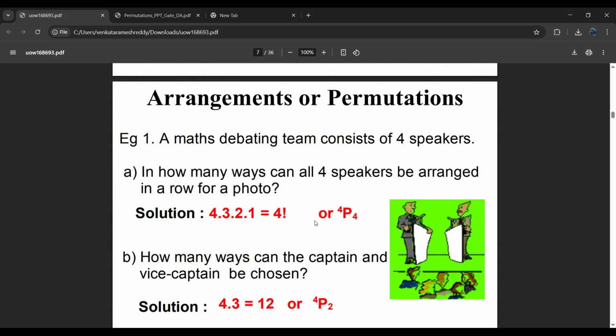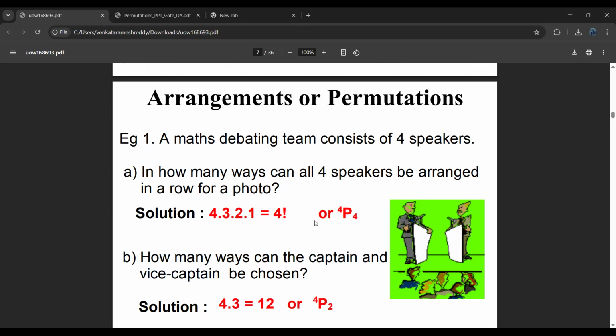Suppose a math debating team consists of four speakers. How many ways can all four speakers be arranged in a row for a photo?